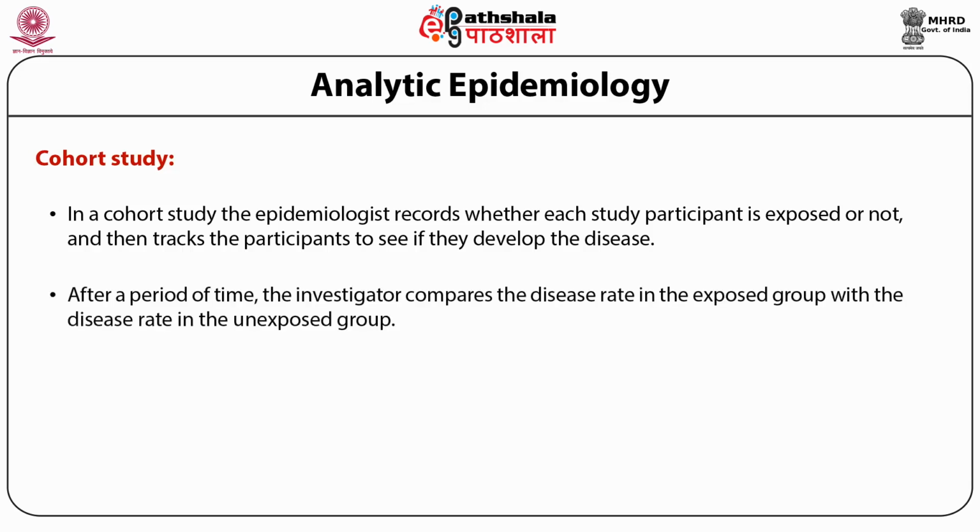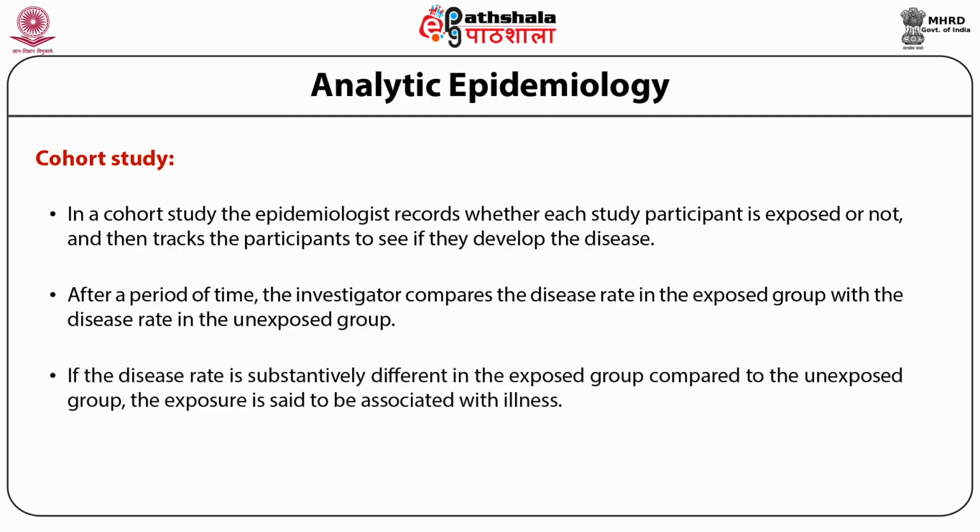After a period of time, the investigator compares the disease rate in the exposed group with the disease rate in the unexposed group. The unexposed group serves as the comparison group, providing an estimate of the baseline or expected amount of disease occurrence in the community.